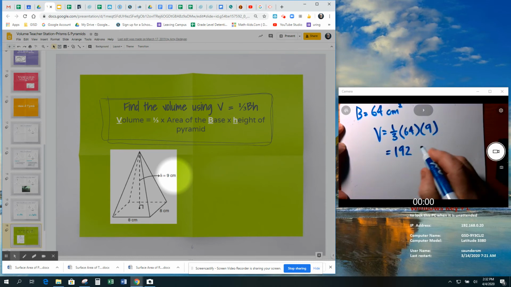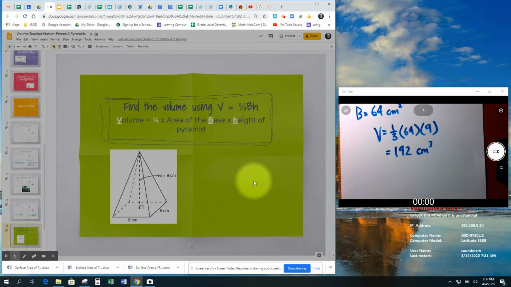And we're doing volume, so it's centimeters cubed. So the volume of our pyramid is 192 cubic centimeters. Piece of cake, right? All you've got to remember is that 1/3.